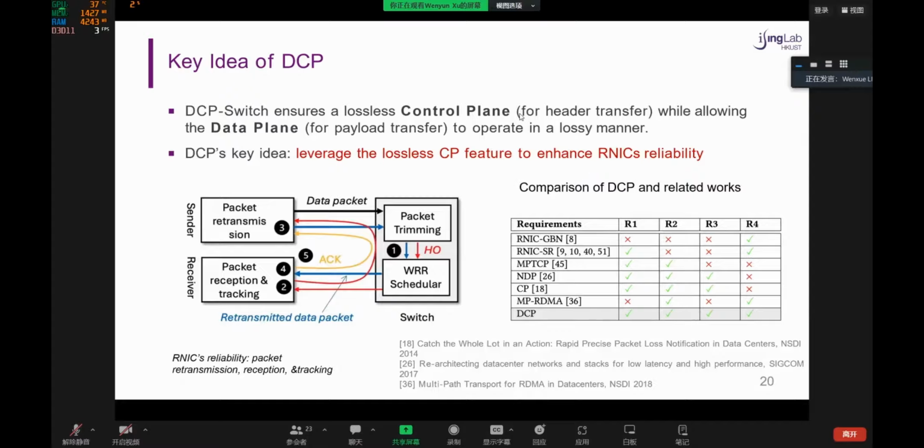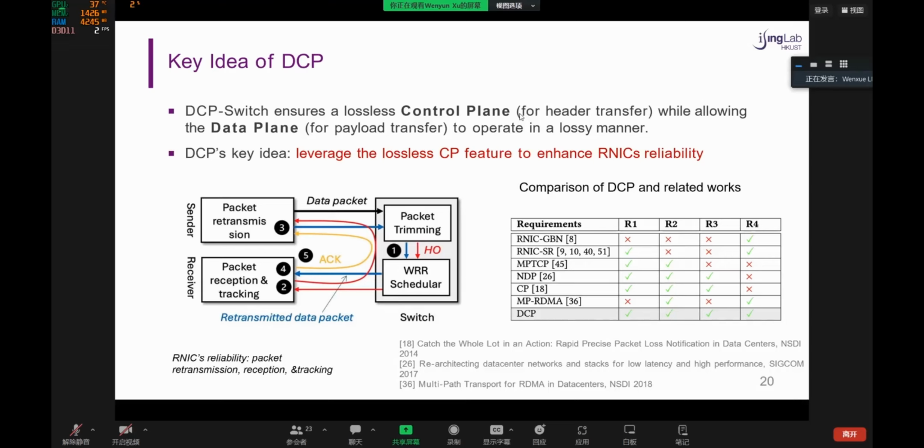That's the process during which DCP was proposed. DCP was refined step by step based on RDMA's unique architecture features and its unique limitations.